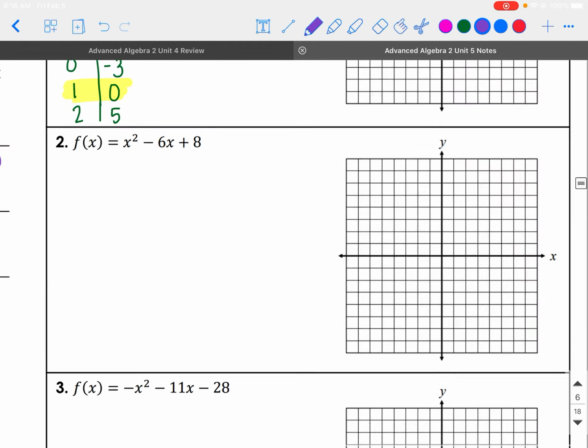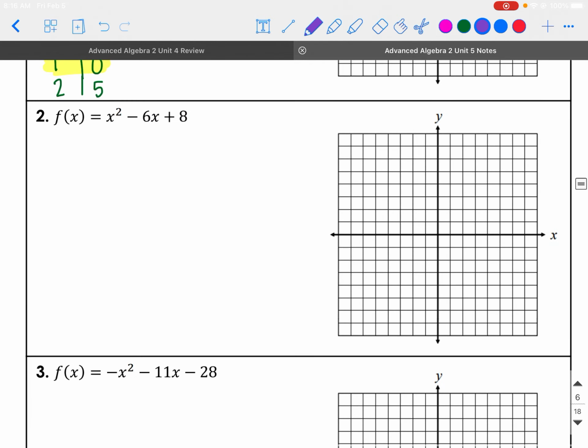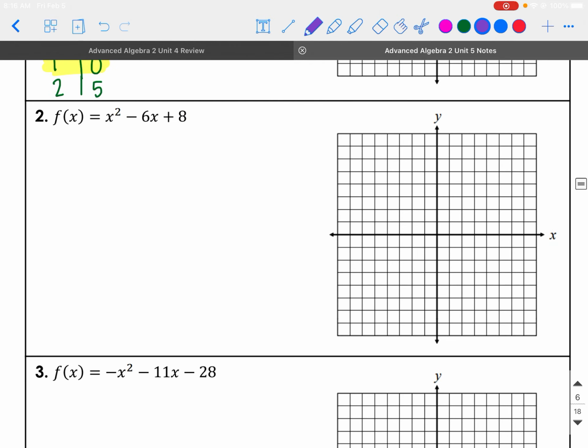For number 2, I'm not going to actually switch over to the calculator, but I will walk you through the steps again. It would be best if you would go to the calculator yourself. Remember, you go to y equals and type in the quadratic: x squared minus 6x plus 8. Then you click second graph, and that brings you to the table.